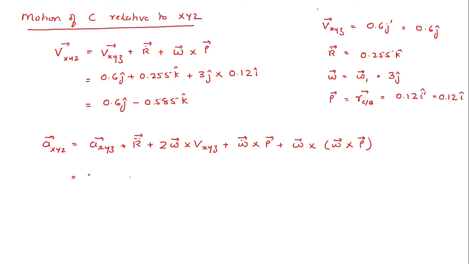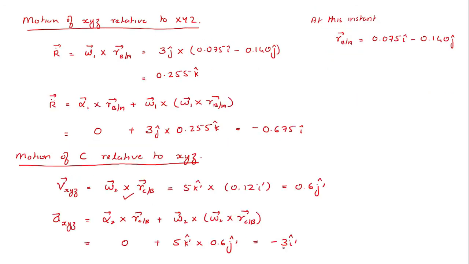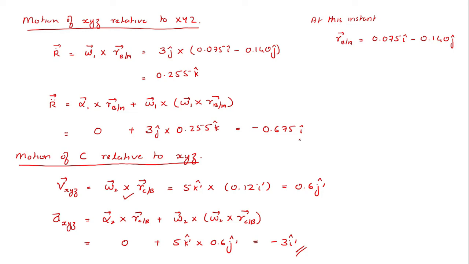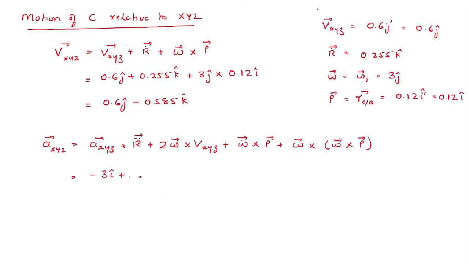A small xyz, if you see here, is minus 3 i', so I'll directly convert it to minus 3 i, plus R double dot vector, which is minus 0.675 i, plus 2 into omega vector, which is 3j, cross v small xyz, that is 0.6 into j, plus omega dot or alpha.